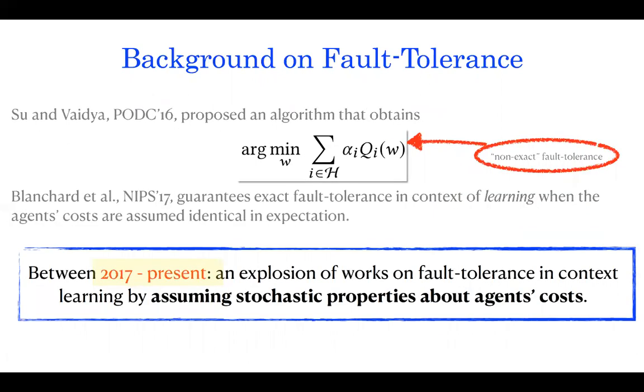Since this 2017 paper by Blanchard, there has been an explosion of work on fault tolerance in the context of learning by assuming various stochastic properties regarding agents' cost functions. And most of these works are quite applicable in the machine learning setting.